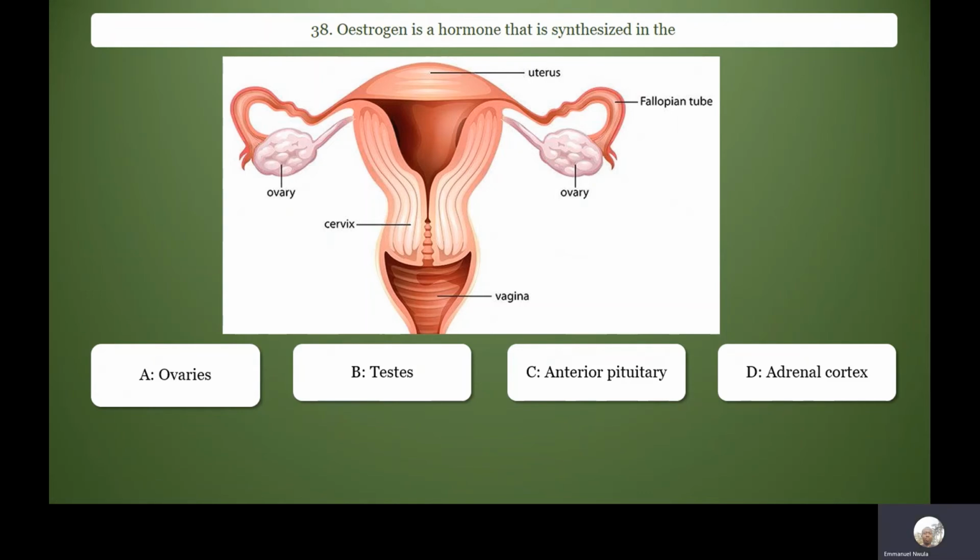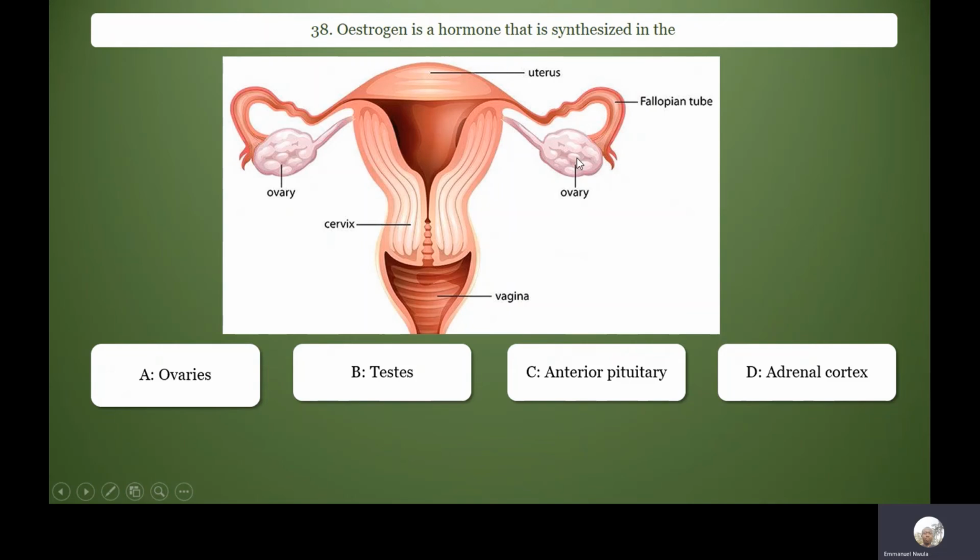Estrogen is a hormone that is synthesized in the ovaries. So 38 is A. You can see the ovaries of the female. They have 2 ovaries, and that is where estrogen is synthesized.